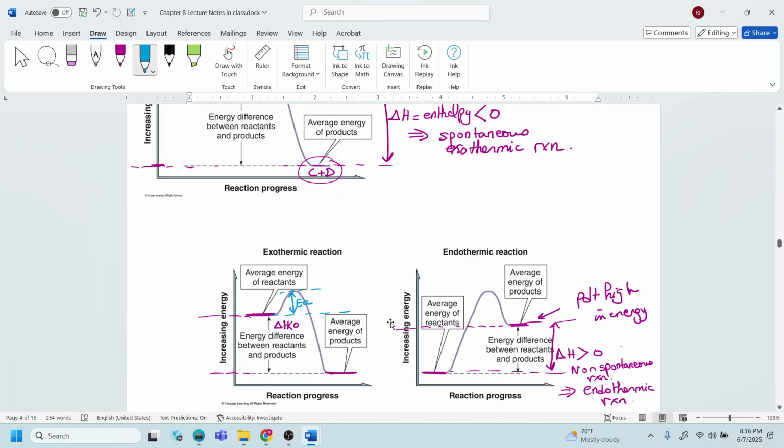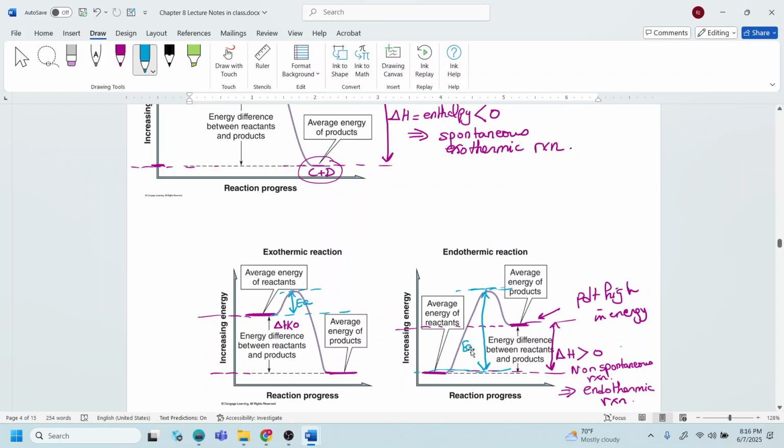I need to see multiple reactions. See here, this is the activation energy for one. Actually, the activation energy is between the reactants and the transition state. So the activation energy is all of that. This is EA, the activation energy for the endothermic reaction.